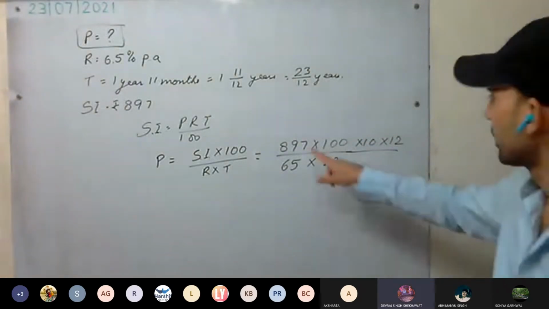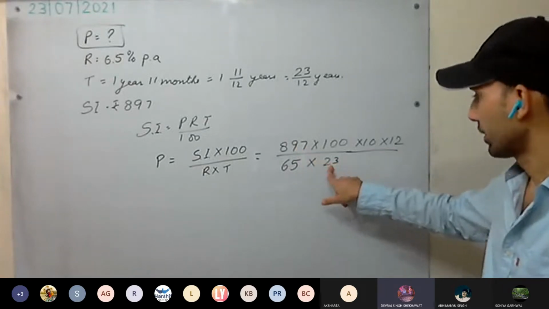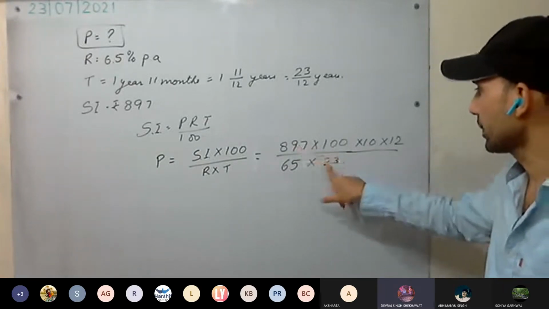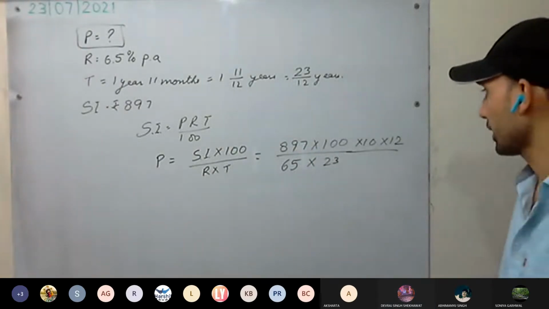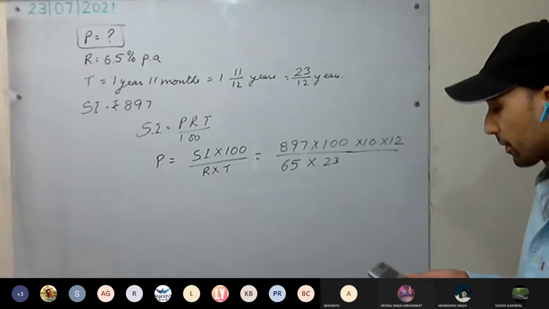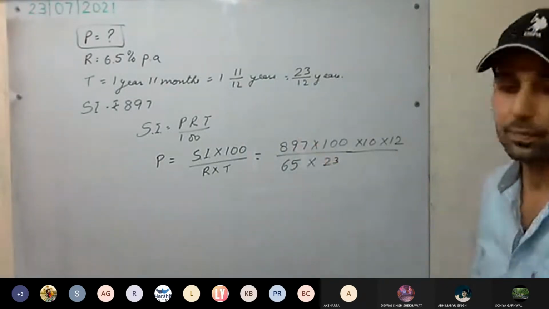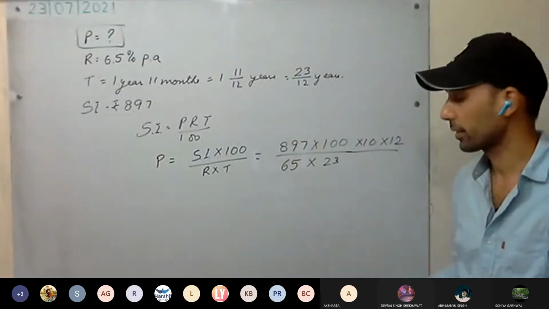We can cut with 5, 13s are 65, and 13 and 20, 10. 23, I think 897 is divisible as well. Divide them.